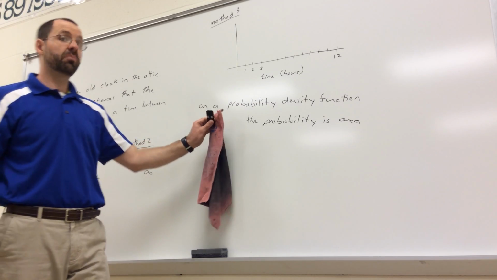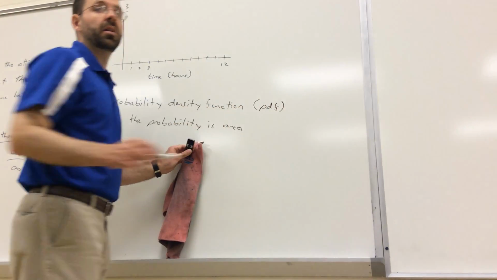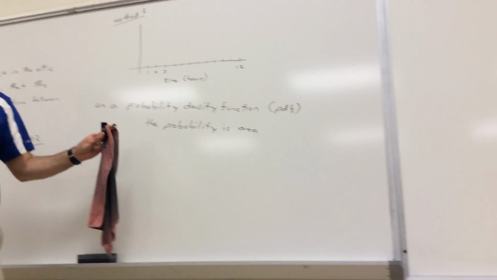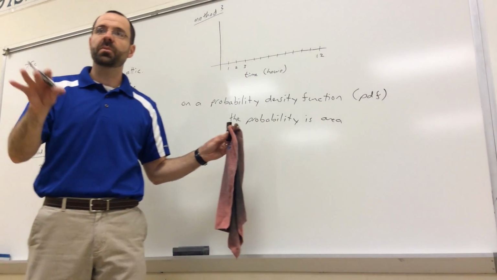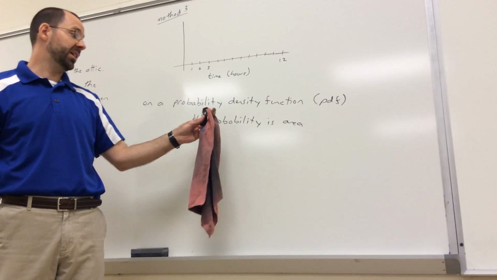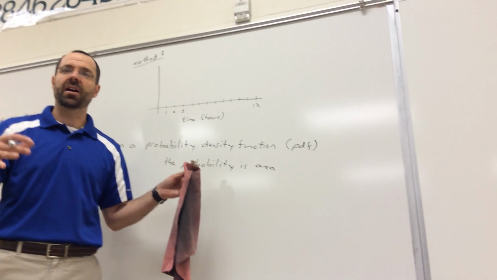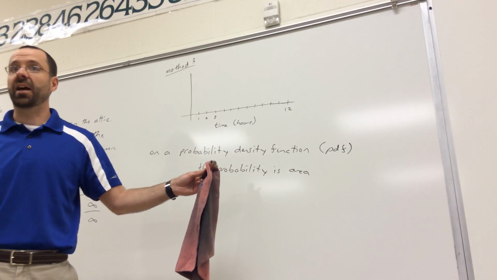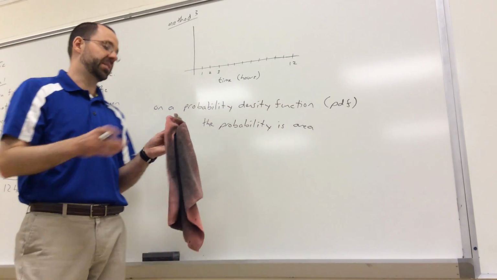And you do abbreviate probability density function PDF. And this is older than the modern day PDFs. So for me, when we started calling documents PDFs, that was strange because to me it's a probability density function. Now for you guys it's going to be the other way around. You have an idea of what a PDF is, and now you have to have this other idea of what a PDF is, probability density function.